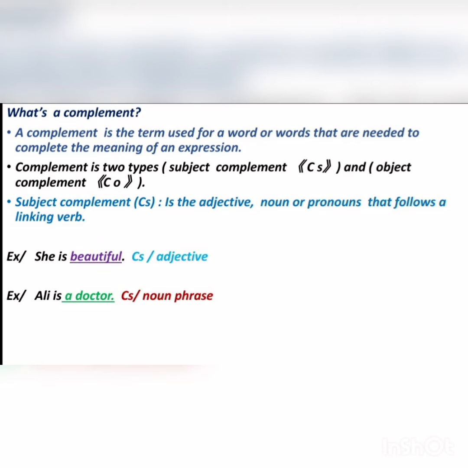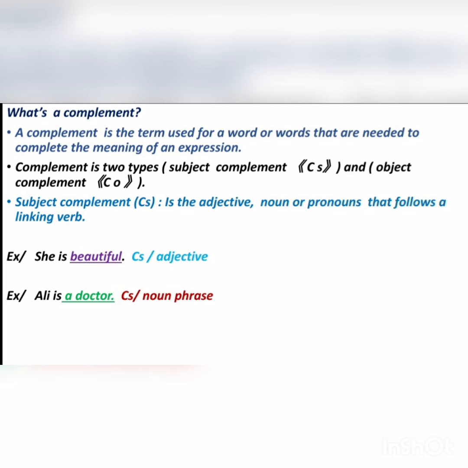As we know, linking verbs are the verb to be: is, are, am, was, were. All these are linking verbs, or let's say lexical linking verbs also, like become, taste, which are perceptual verbs.